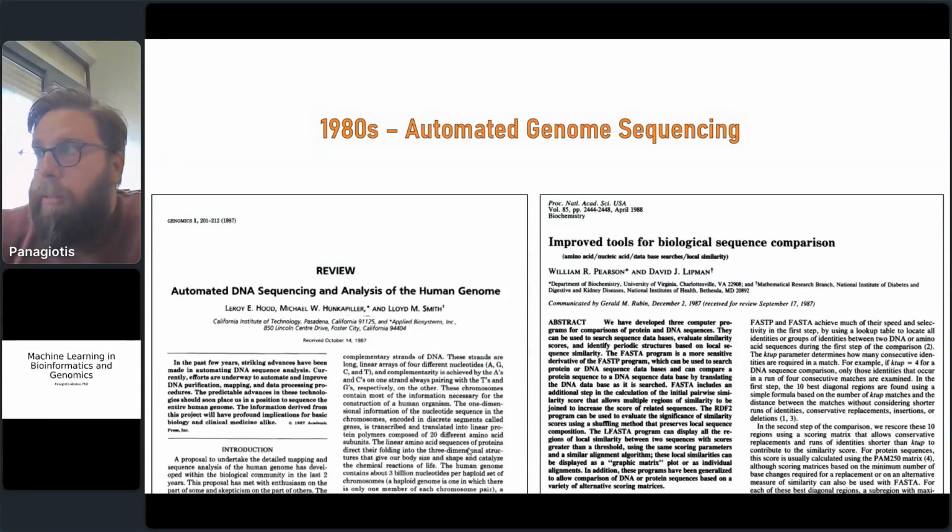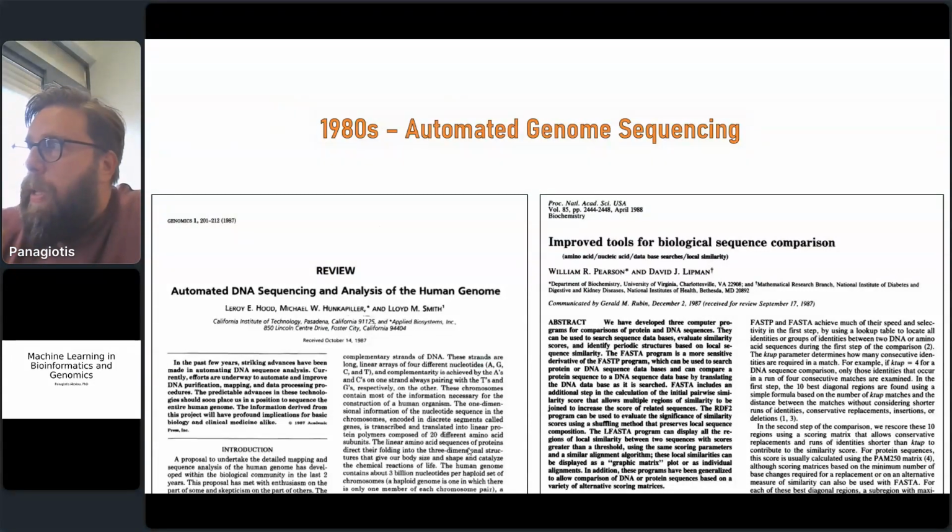But in the 80s, a few years later, we started seeing automated genome sequencing becoming a thing. So it didn't need to be done so much manually anymore.